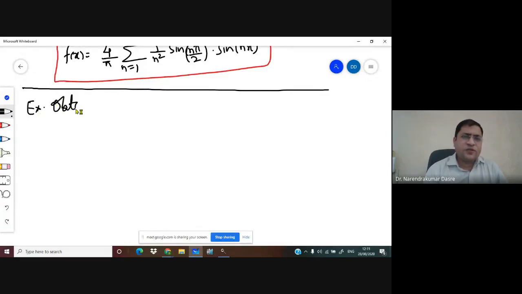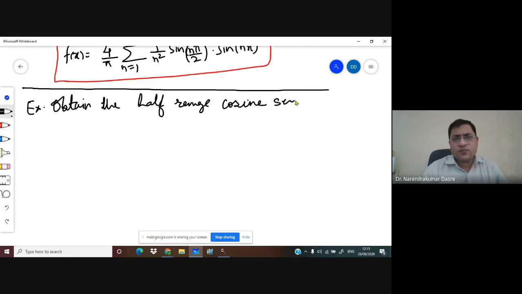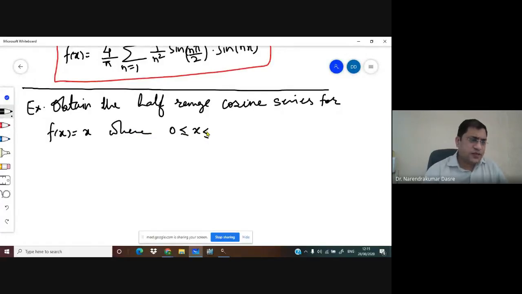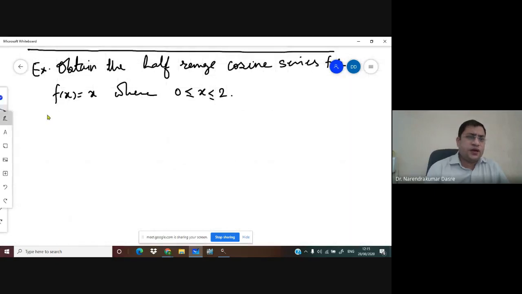So we'll have here, obtain the half range cosine series for f of x is equal to x, where 0 less than or equal to x less than or equal to 2. So here, go with the solution.